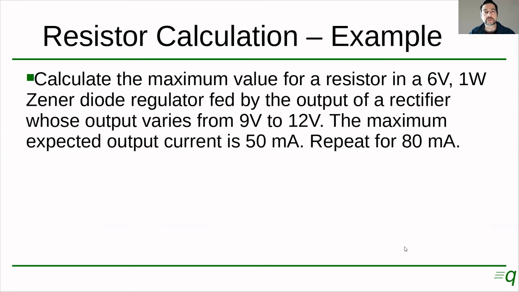So how can we use this previous equation to calculate the maximum value for a resistor in a 6 volt, 1 watt Zener diode regulator fed by the output from a rectifier whose output varies from 9 volts to 12 volts? It's the same example we had before.